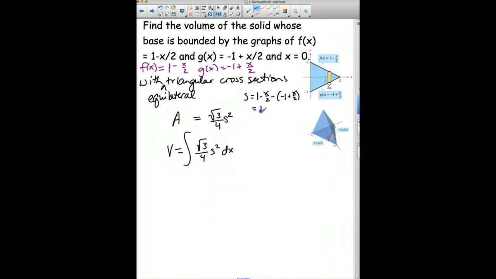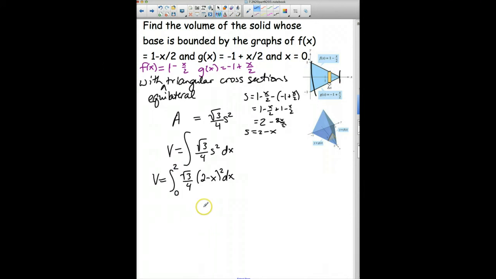So if you simplify that, 1 minus x over 2 plus 1 minus x over 2, that'll give us 2 minus 2x over 2, which cancels, and we'll have 2 minus x for the length of one side. So our volume equation is going to be the square root of 3 over 4 times 2 minus x squared dx. Now what are my limits of integration? They have to be x values. So here to here, 0 to 2.